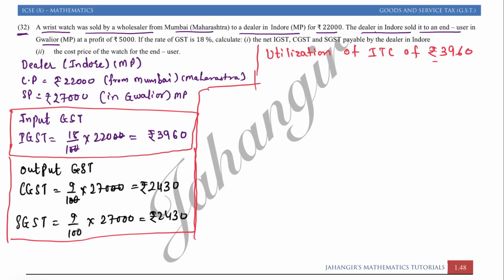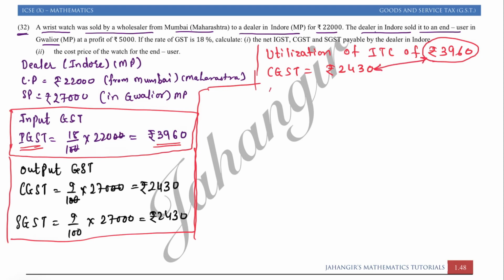You have to keep in mind that 3960 is paid as IGST. IGST comes under the central government. So directly from 3960, the output CGST has been adjusted. So the CGST adjustment will be directly rupees 2430 from this 3960. First part is done.